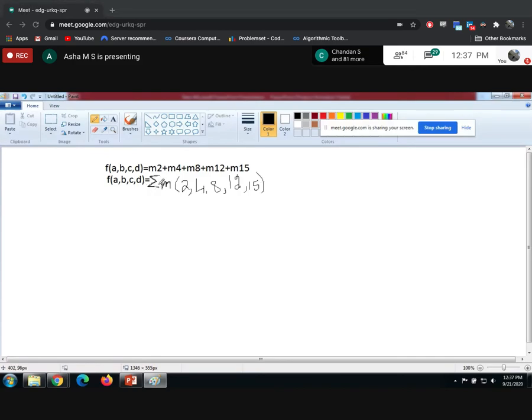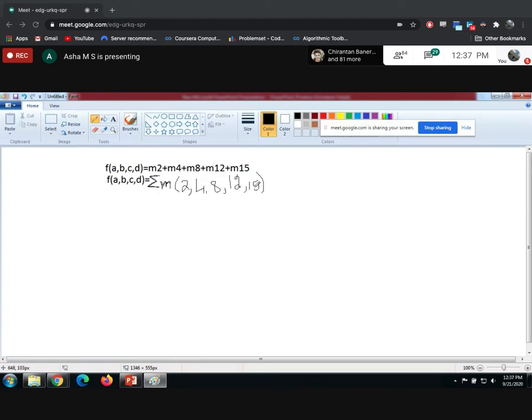So sigma followed by the small m is going to represent the min terms for the given function.